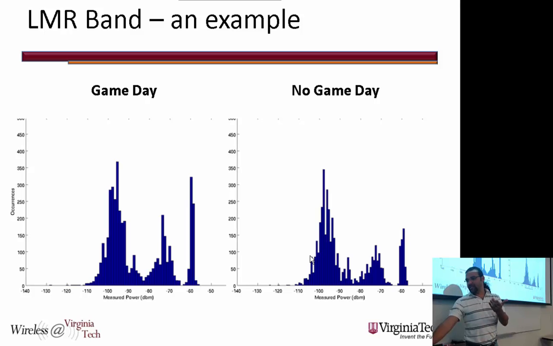So we just take one example by picking one of the channels on the game day versus the no game day. And we did this basically over a channel that is assigned to the BT bus services.